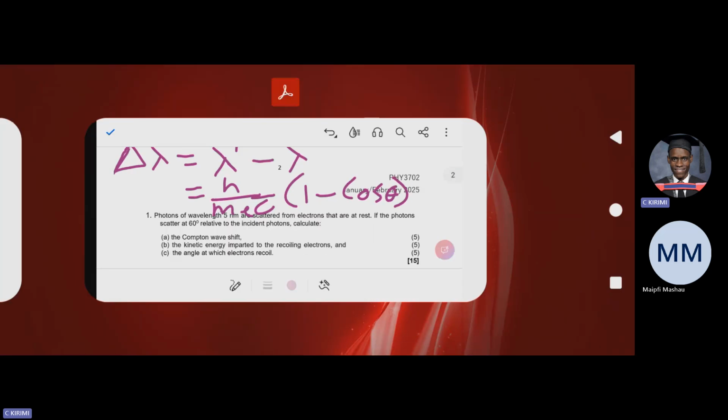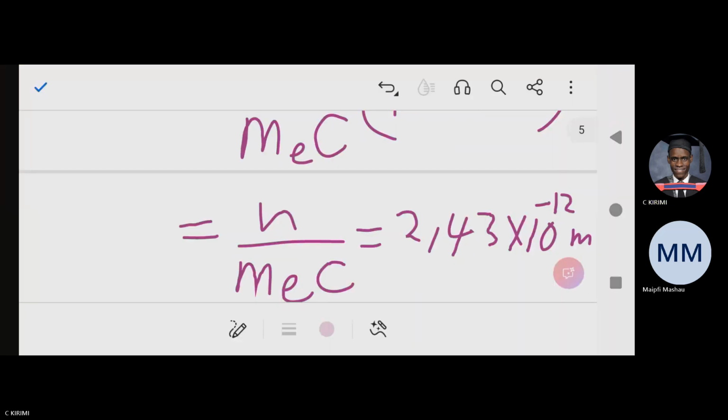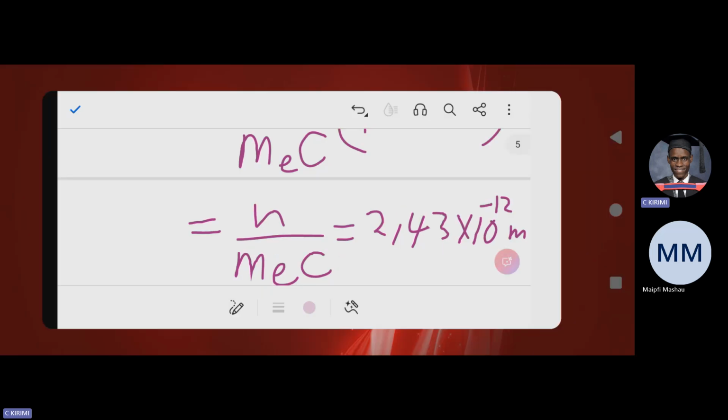Since we are not given the mass of the electron times the speed of light, but h was given, then what is the mass of the electron? Which electron is it, sir? Any electron.